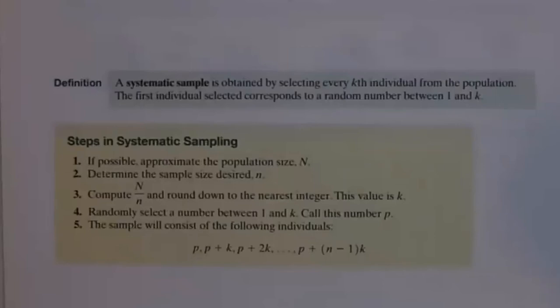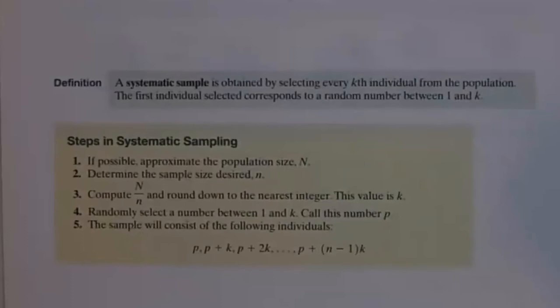So the idea with a systematic sampling method is that the randomness kind of occurs naturally. So for example, if you own a grocery store and you want to survey customers, and maybe you know that in a given weekday, you're going to have maybe 3,000 customers.